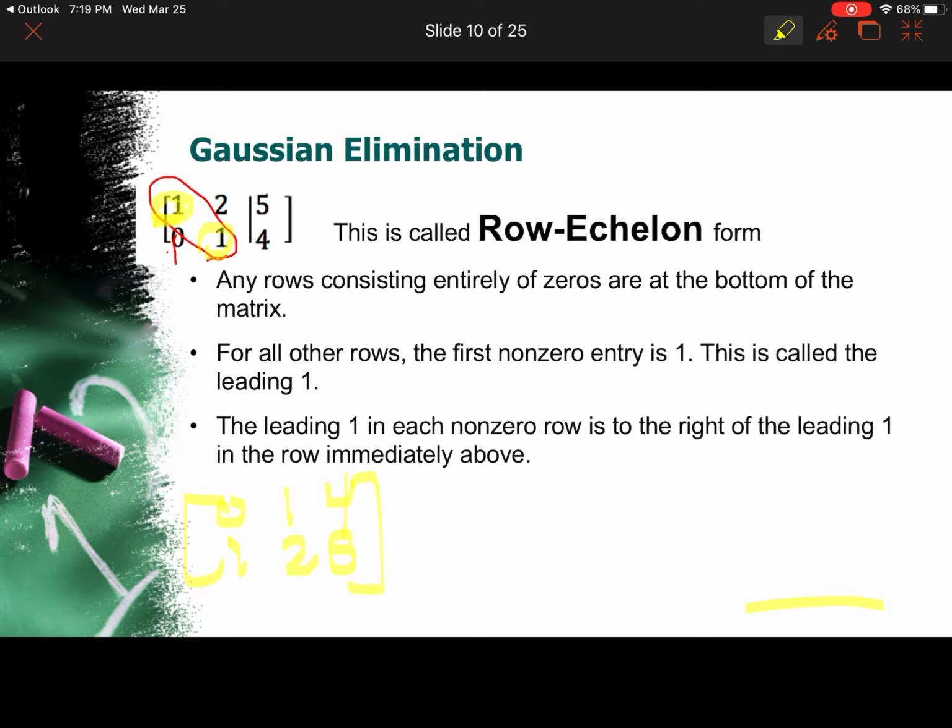And you see how that wouldn't fit that rule, right? Because the leading one in each non-zero row is to the right of the one above it. So this one is not to the right, it's to the left. So this would not be in row echelon form.